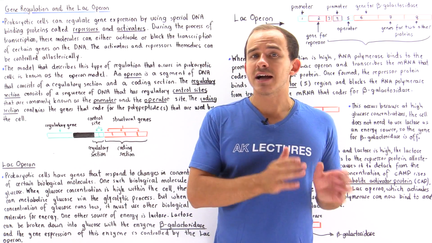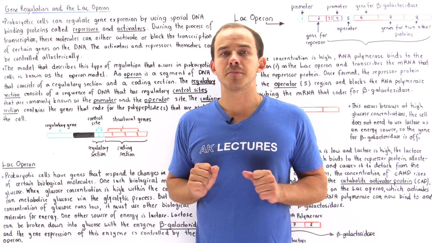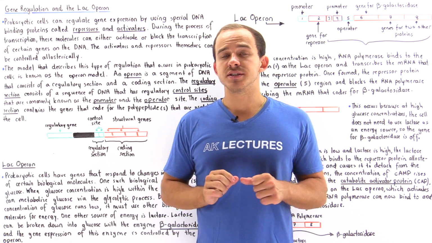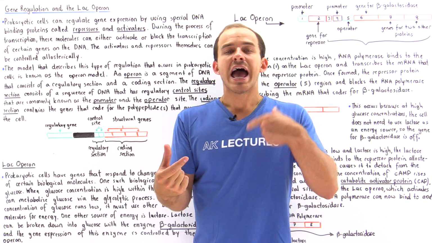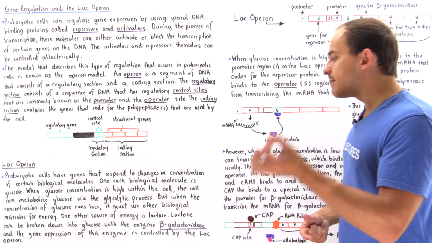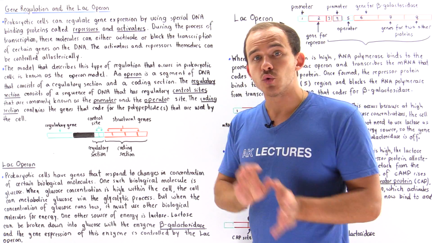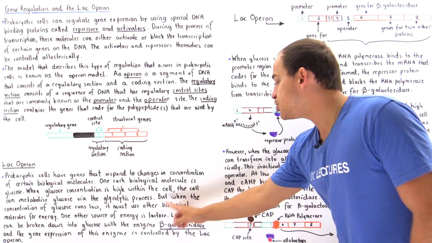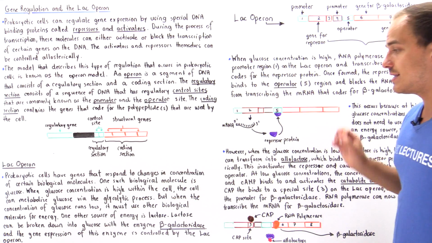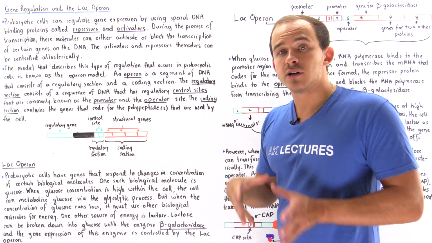It's a disaccharide that consists of two individual sugar monomers. So our lactose consists of a glucose as well as a galactose. Now, the enzyme that actually catalyzes the breakdown of lactose into glucose is known as beta-galactosidase.